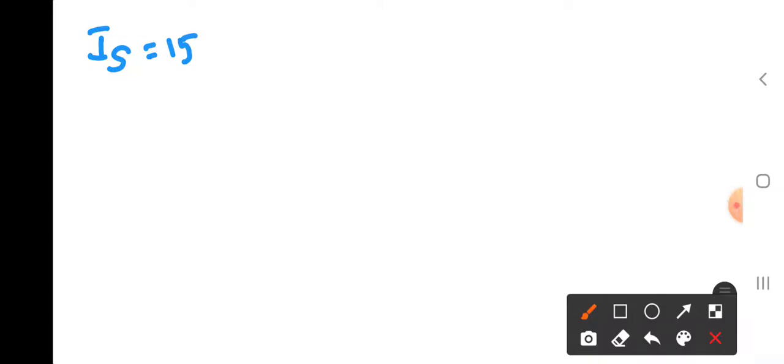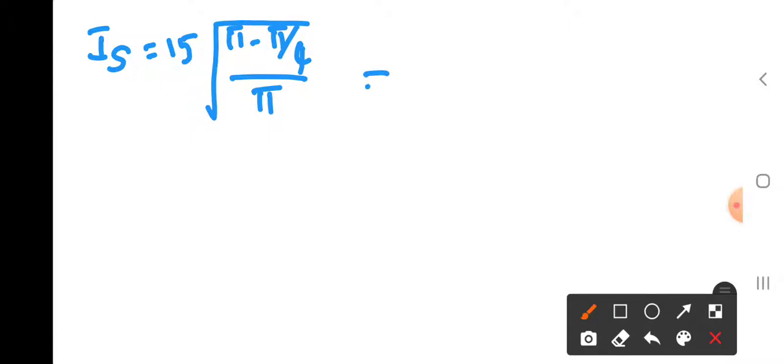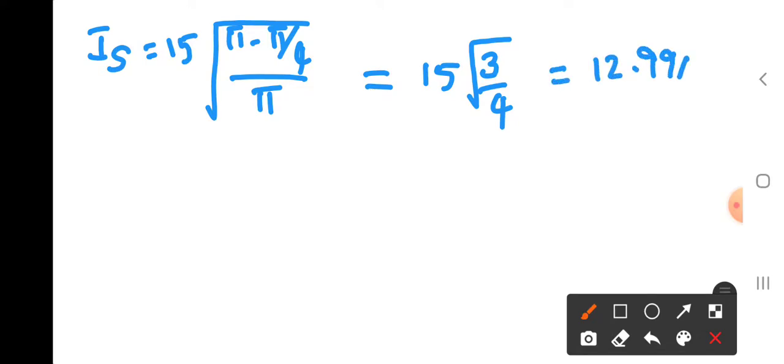So 15 into the square root of pi minus pi by 4 by pi. The pi cancels in numerator and denominator, so we have 15 into the square root of 3 by 4, which is around 12.99 amperes.